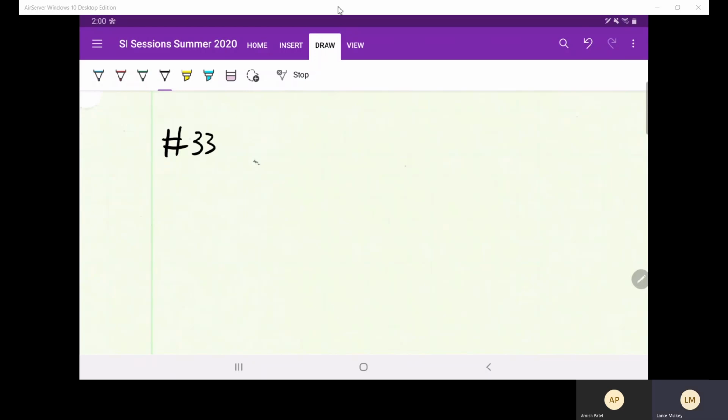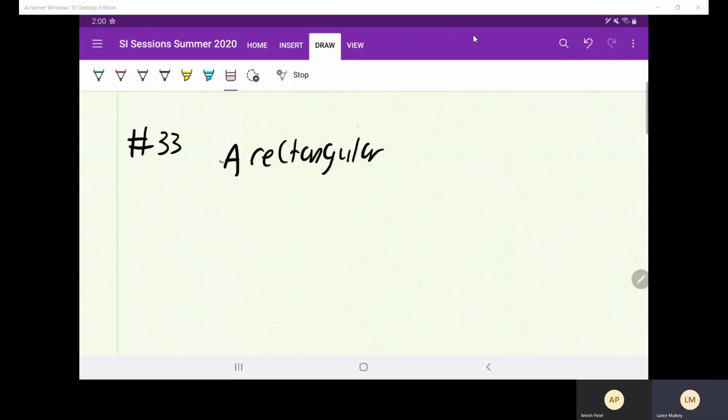All right. Number 33. Rectangular sheet. I'm just gonna write this out. No, I'm not gonna write it out. Can't really take pictures of OneNote on my computer and put it in there. I guess I can screenshot it. Yeah.